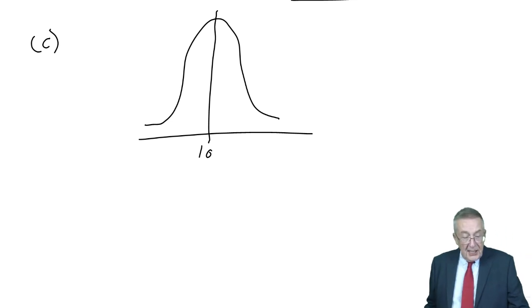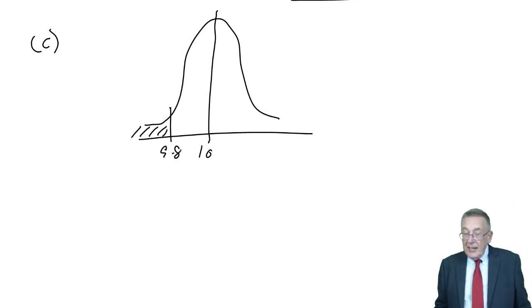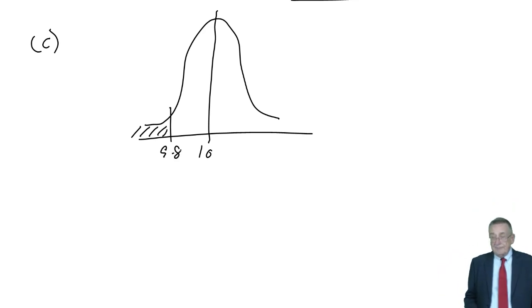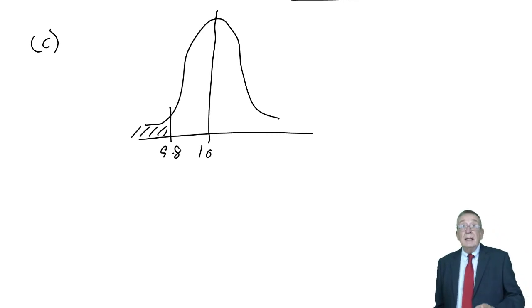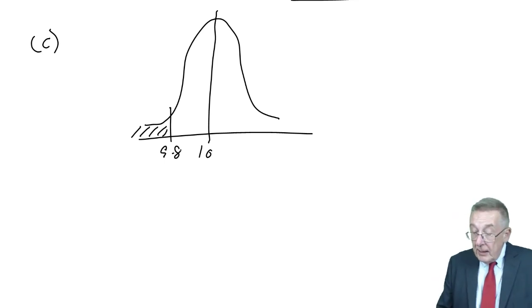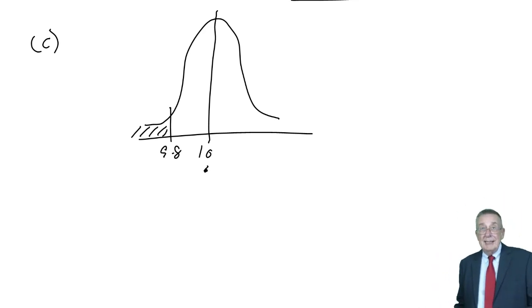I want the proportion less than 9.8. So I need that little bit of shaded area. Now the tables won't give me that directly. The tables will only give me the proportion between the mean and some other point.